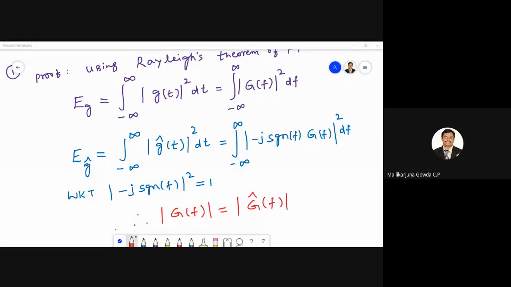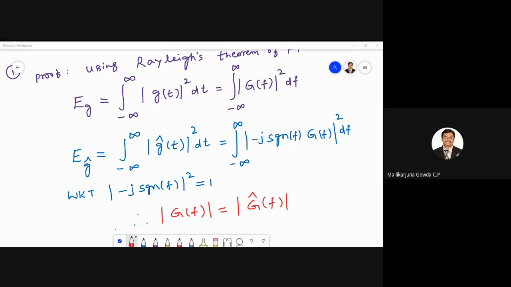No response. I'm asking, is that fine? Just what I wrote is the expression for the energy of the signal. Then I wrote the energy of the Hilbert transform of the signal. I just substituted the value of Ĝ(f).